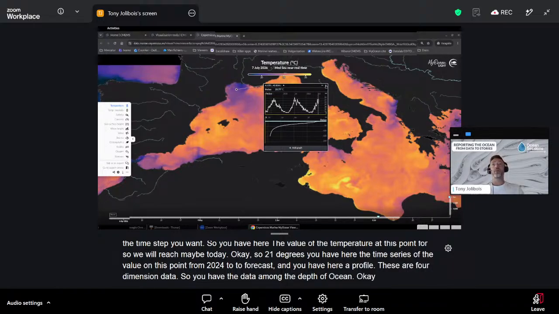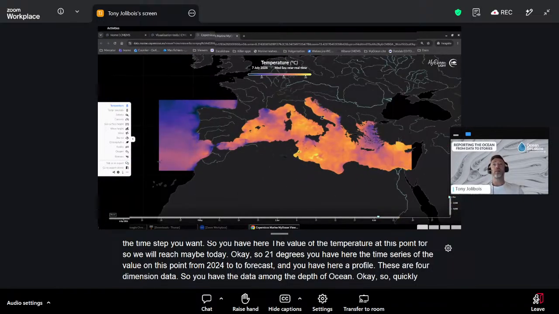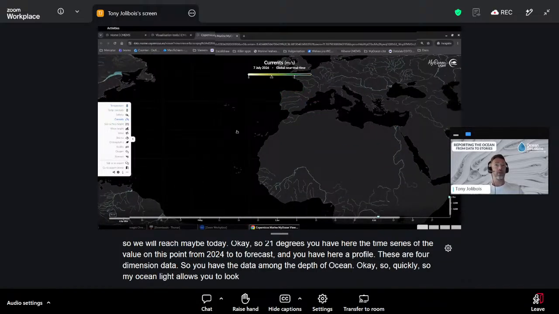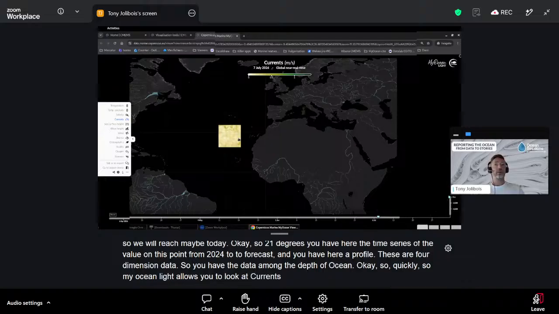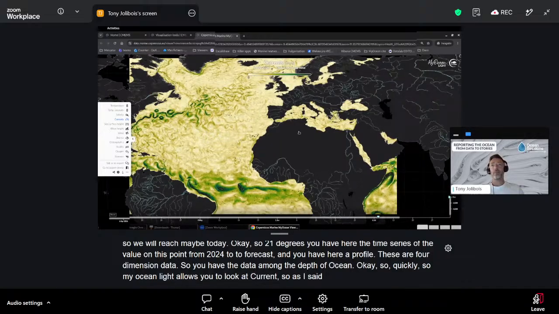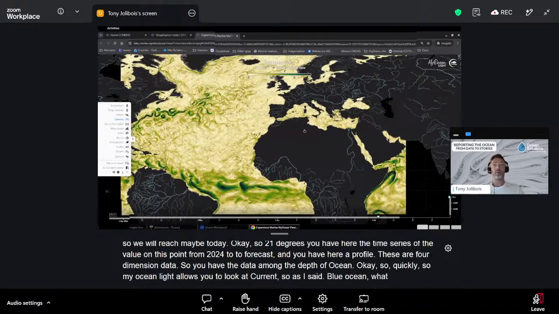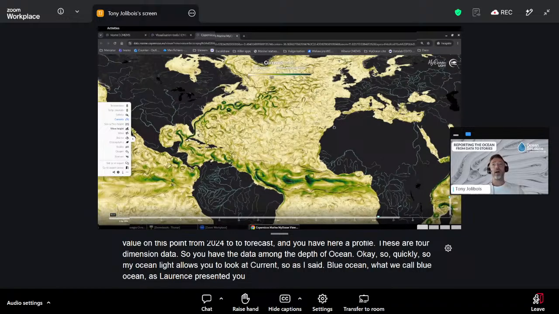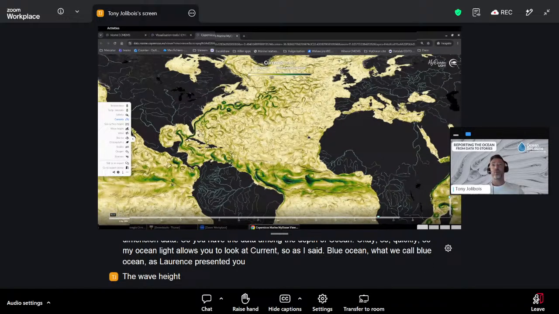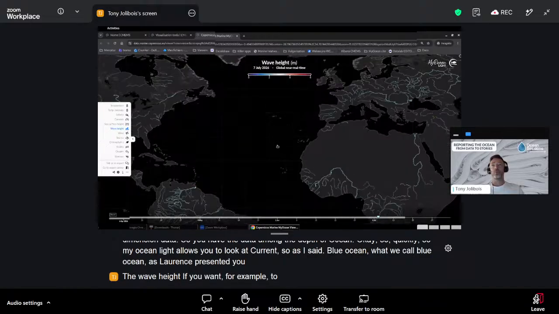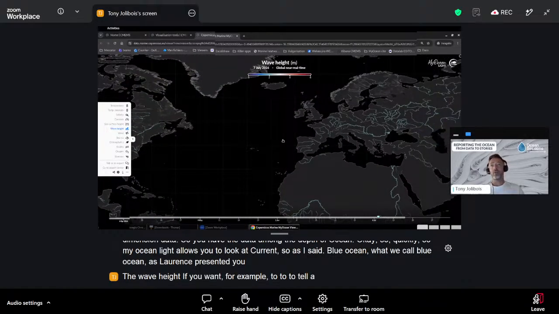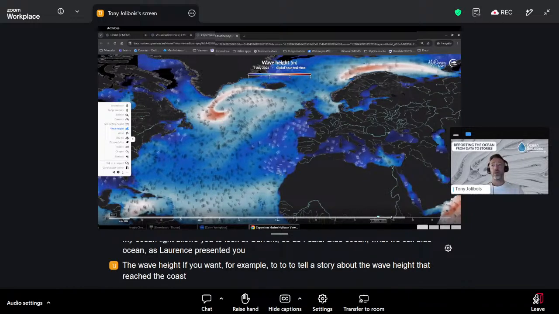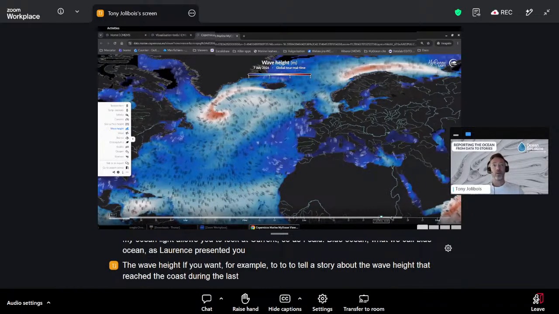Okay, so quickly, MyOcean Lite allows you to look at currents. So as I said, blue ocean, what we call blue ocean, as Laurence presented to you. The wave height, if you want, for example, to tell a story about the wave height that reached the coast during the last storm.